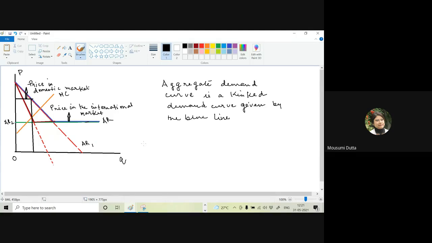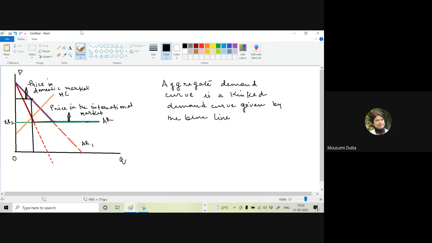So if it behaves just like a competitive firm, what will be the shape of the demand curve? It will be a line parallel to the quantity axis. Aggregate demand curve is given by the kinked blue line. Okay?